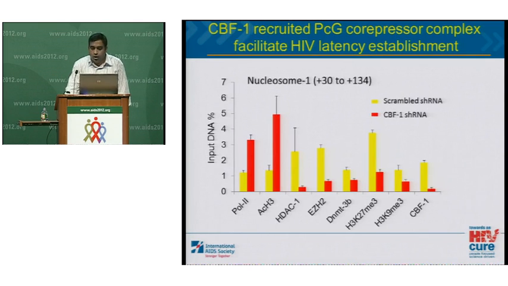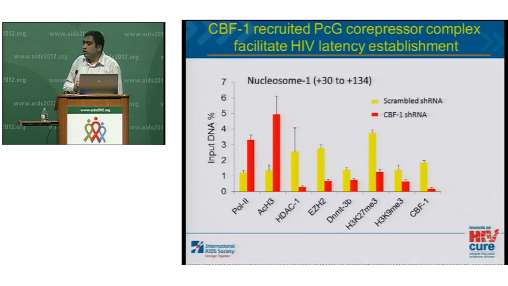But interestingly, when we knocked down CBF1, we found a corresponding loss of two repressive epigenetic modifications, or you can say heterochromatic marks, namely histone 3 methylated at position 27 and histone 3 trimethylated at position 9. These heterochromatic marks or modifications are known to induce a transcriptionally repressive chromatin structure.